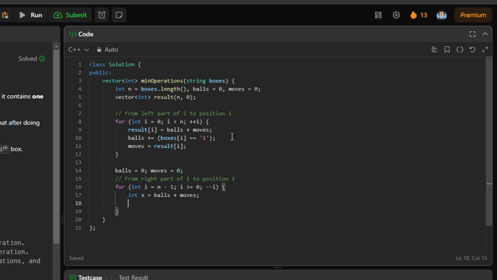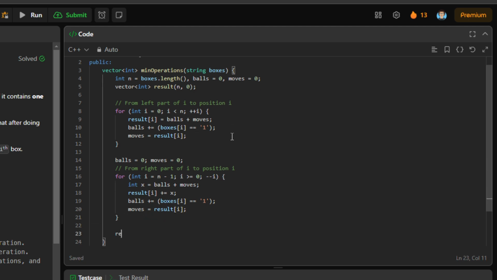Now we are not going to assign result of I because it already has some value, the value from the left part. So we just need to add x to that value, and we'll again update balls. And we'll update moves. Okay, and we'll return the result.